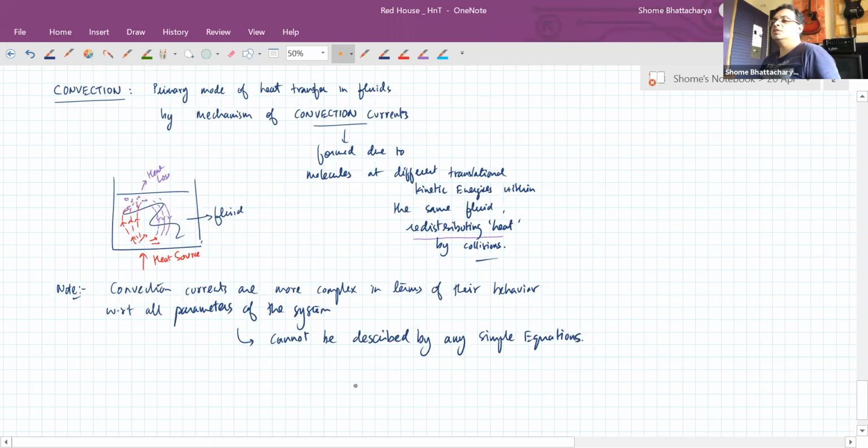Rather, they require more complex computational modeling, something like simulation based on software, that kind of thing.